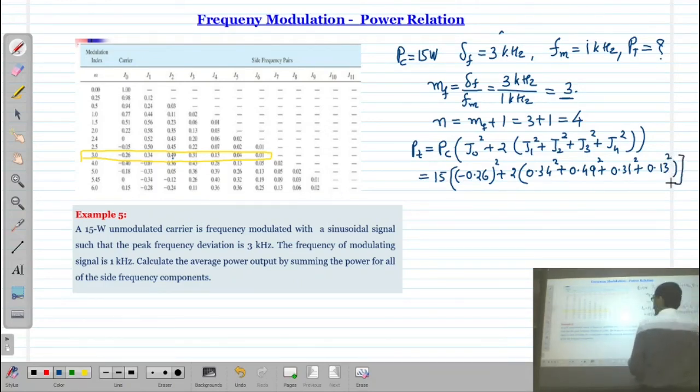We do not consider the amplitude of the fifth and sixth because their amplitude is very small. They are not significant sidebands.